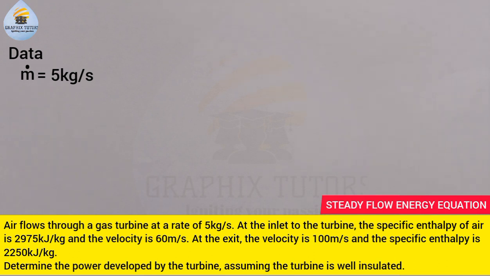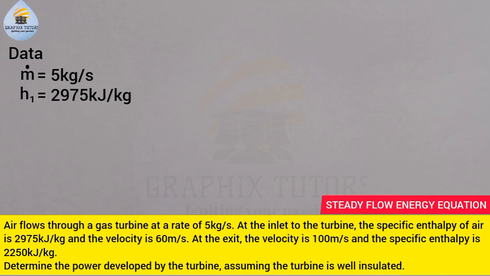Now the other one is the enthalpy at the inlet. Since we say inlet, we'll be using a subscript of 1. We use H to represent enthalpy, so I'll be writing H1 because it is the inlet. H1 is given as 2975 kJ per kilogram.